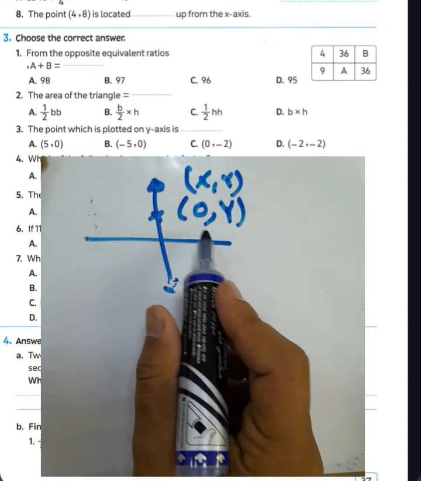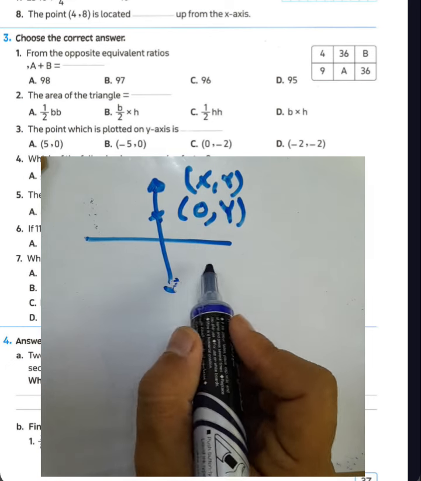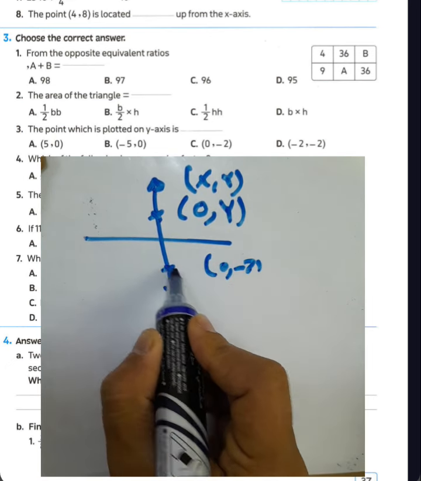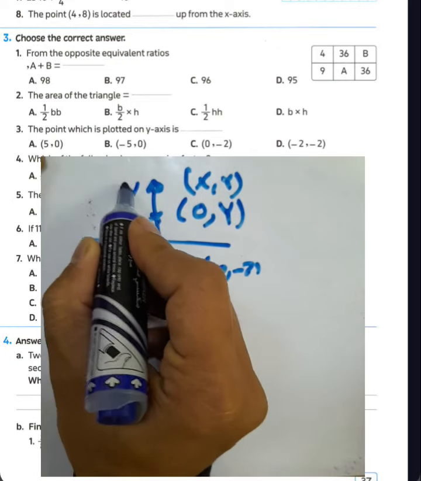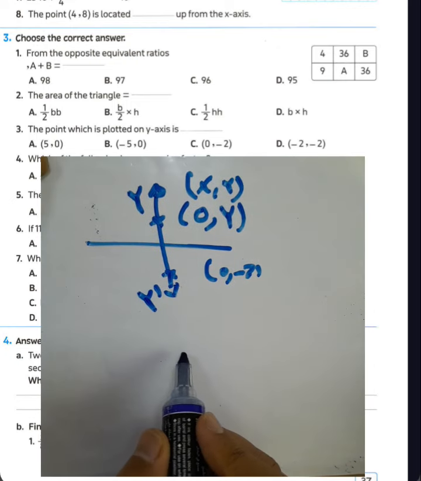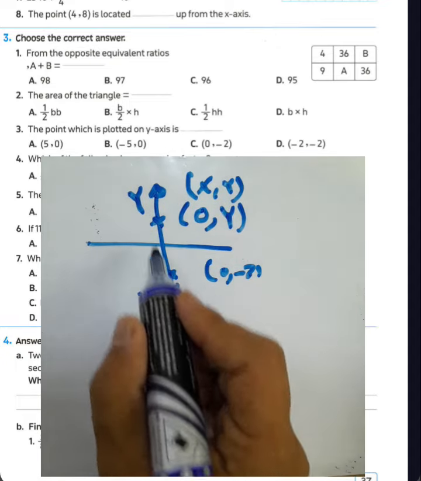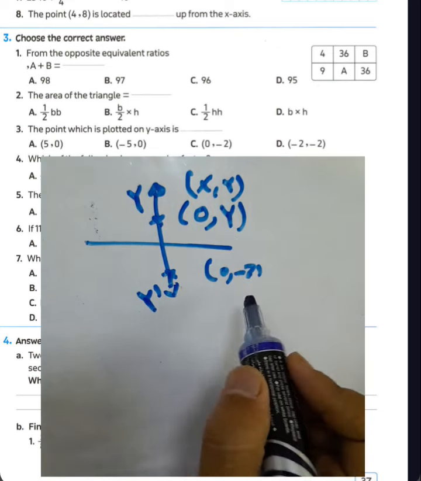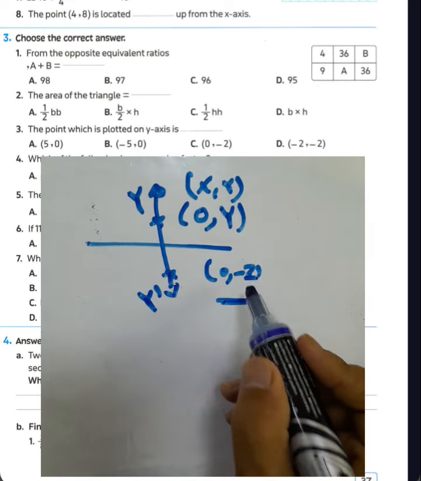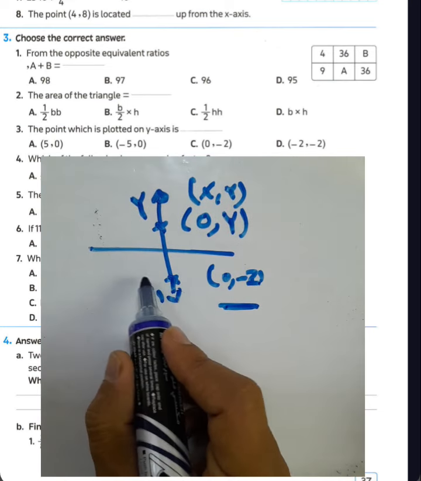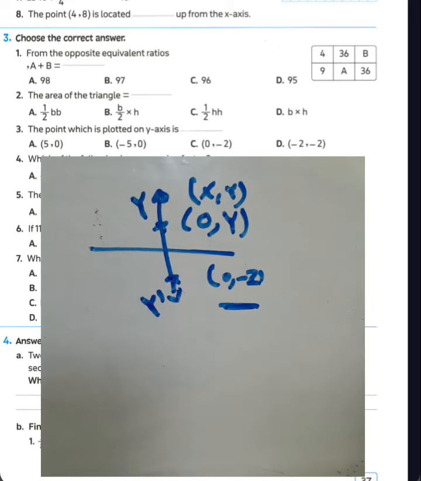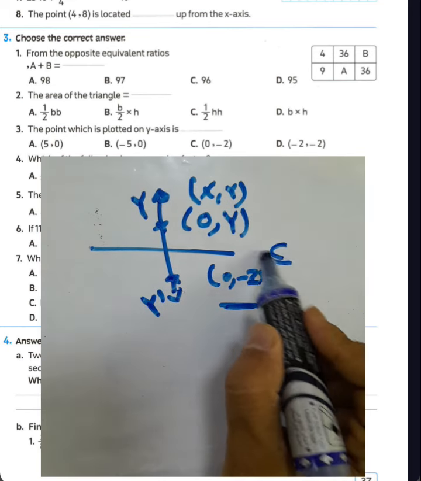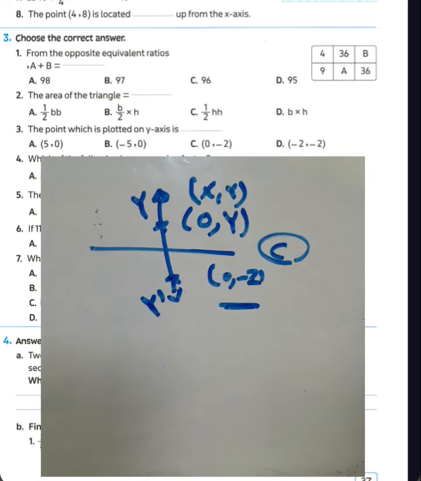Then we must choose 0 and negative 2. This point is located on the y-axis. The point located on the y-axis means x will be 0. Then we must choose 0 and negative 2, here, this place. Choose letter C for question number 3.